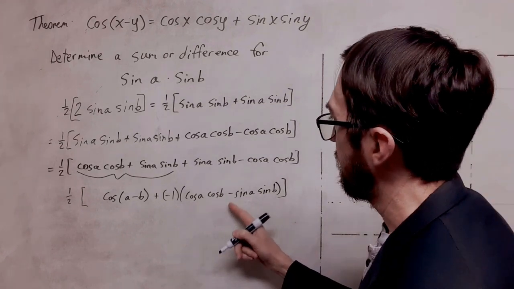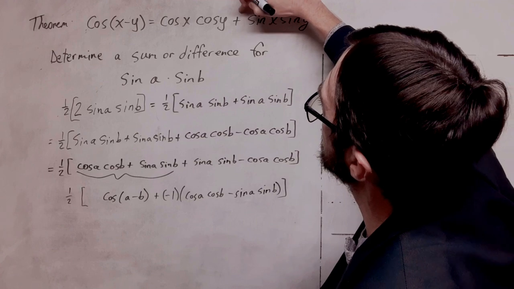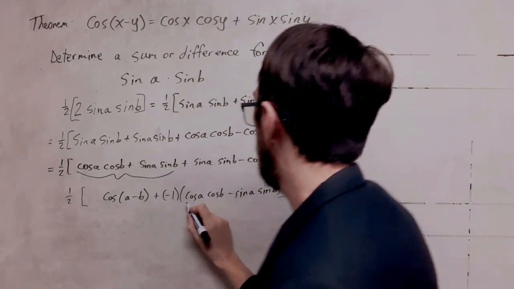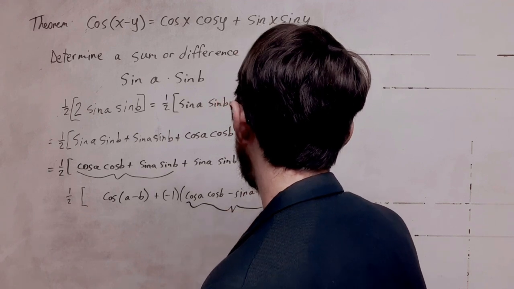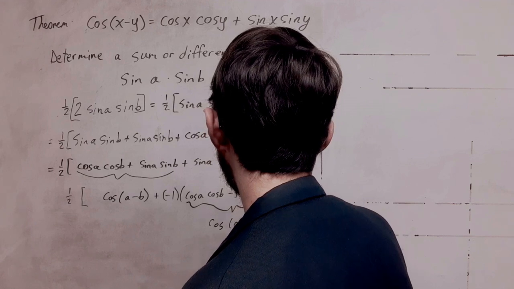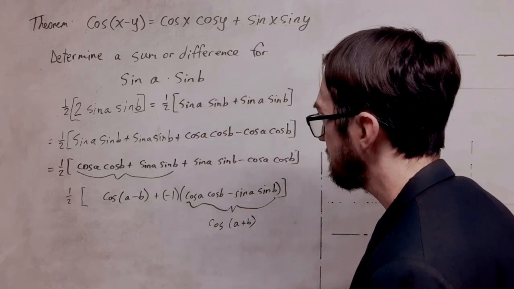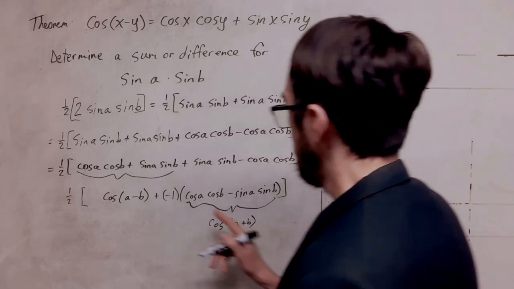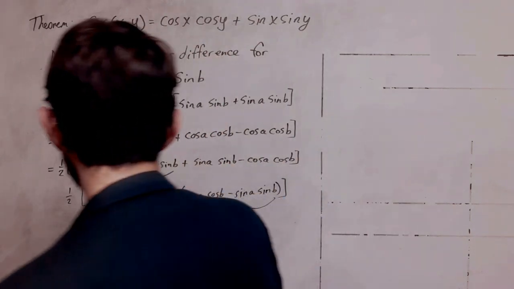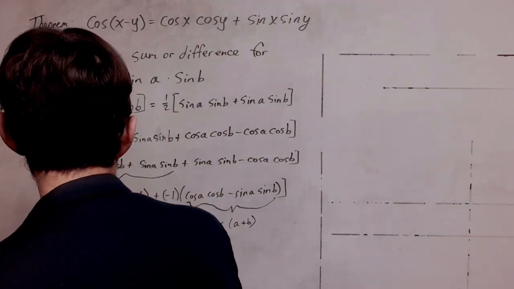So now that we have the subtraction here, I had mentioned earlier, if this is subtraction, that means this is addition. So this piece right here is the cosine of A plus B. This negative will multiply by this. So we can have this more concisely.